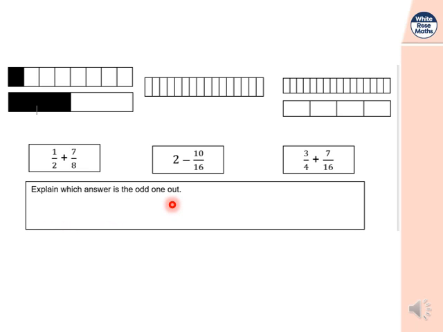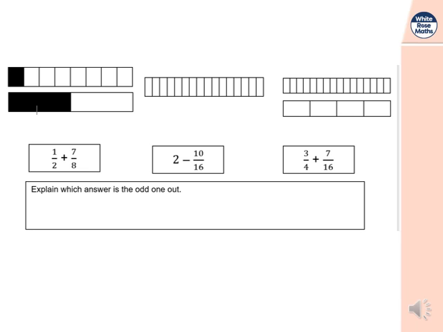Now this is an open-ended question for you just to investigate by yourself. What could the odd one out be? It doesn't have to specifically be just one. You think of different reasons why each fraction could be the odd one out. It might be different reasons. For example, one of the answers is less than a half when all the others are greater than a half.